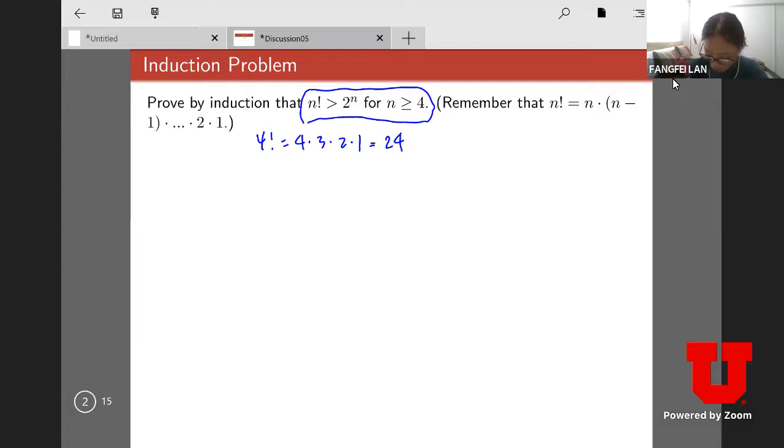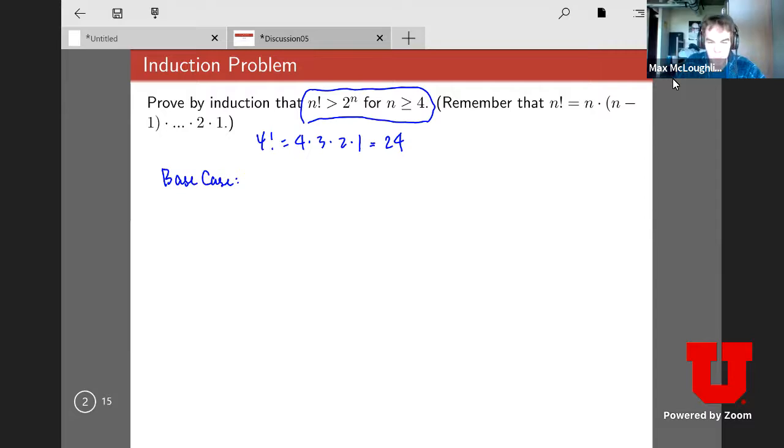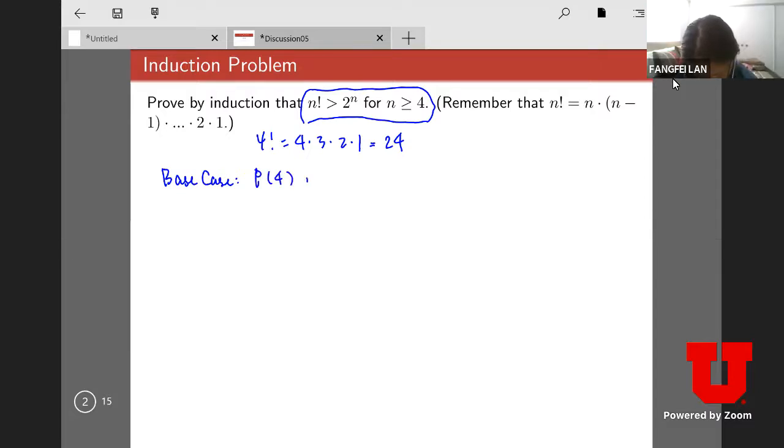And then what is the base case then? What's the base case? N is equal to 4? Yep, n is equal to 4. So we want to prove that P4 is true. That is the base case.